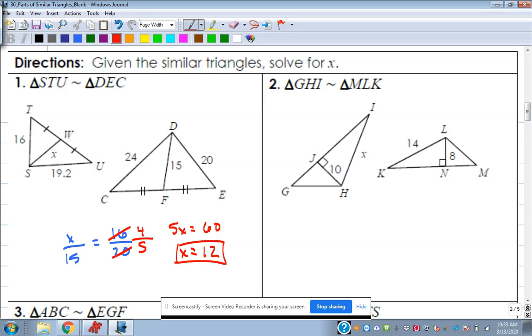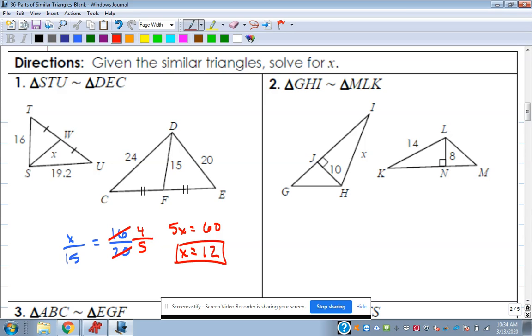From there, we can do maybe a little something else. Number 2. What are those lines in the middle where the 10 and the 8 are? Altitudes, because they meet the other side at a 90-degree angle, so that's how we know it's an altitude. Just recognizing some vocabulary as we go along.